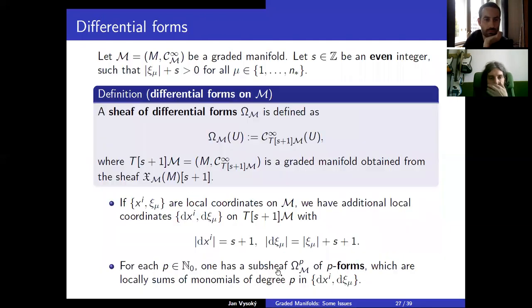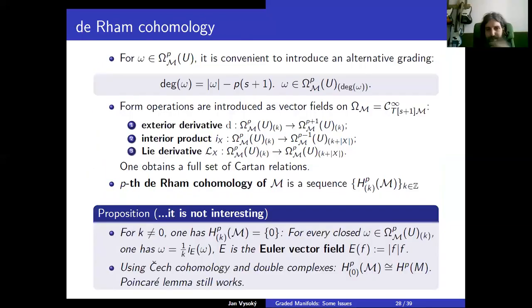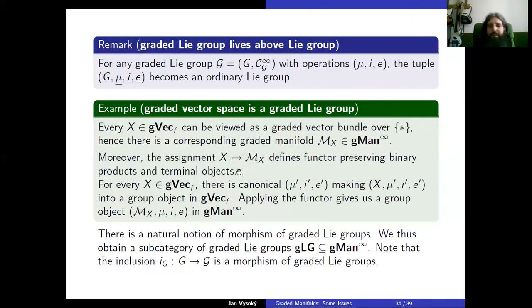But it's quite easy: you just choose some graded basis, and you can directly define this graded manifold structure here. And in fact, this assignment, which to every finite dimensional graded vector space assigns a graded manifold, is a functor from the category of finite dimensional graded vector spaces to the category of graded manifolds, and this functor preserves binary products and terminal objects.